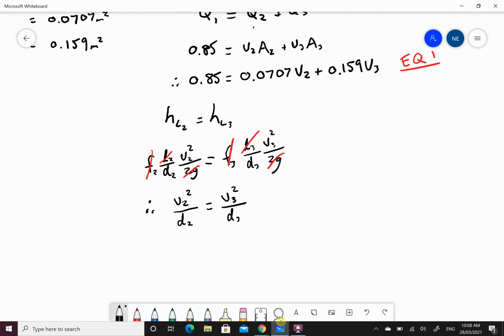Now, let's rearrange these and group our like terms.